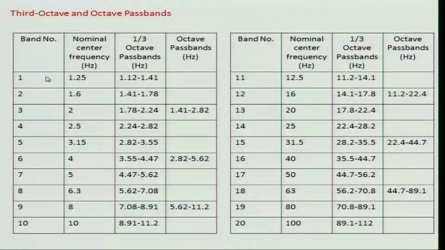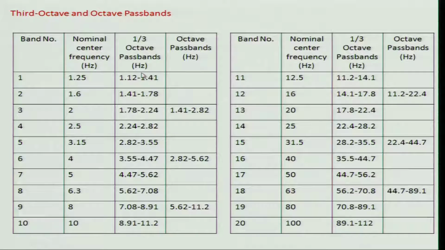Okay. So band number 0 was 1 hertz, band number 1 is 1.25, and this is the range of frequencies. This is the lower frequency limit and upper frequency limit for the center band. This is the second 1/3 octave band, band number 2, and this is band number 3, and this 2 also happens to be the center frequency of this octave band.